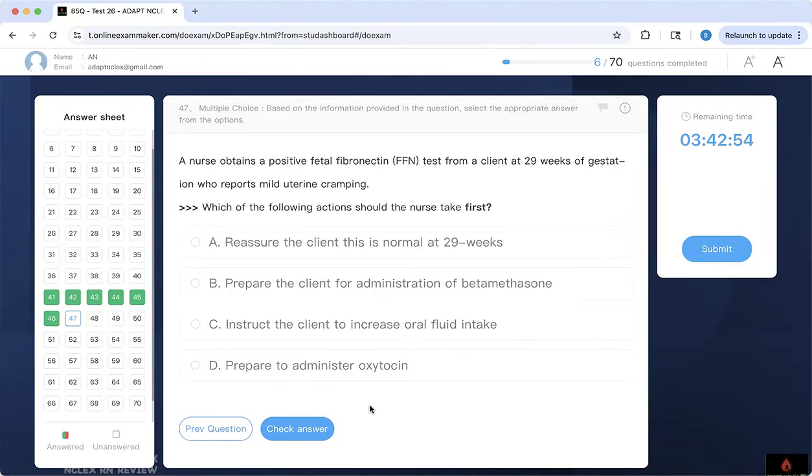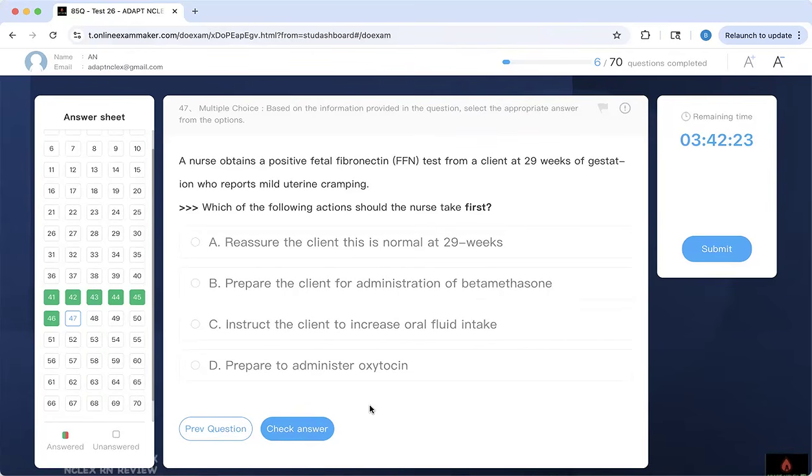You have to know what fetal fibronectin is. That's number one. You have to know what it means when you see it at 29 weeks. That's what the question is asking you. What do you think? The presence of fibronectin before 22, 25 weeks is normal as the placenta is maturing.